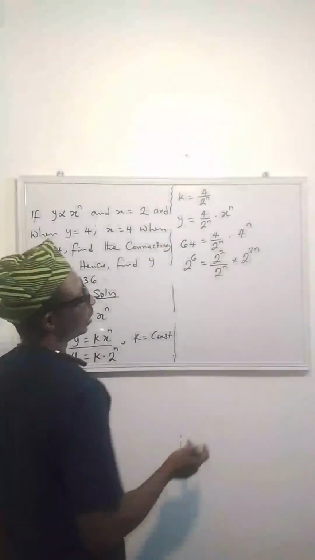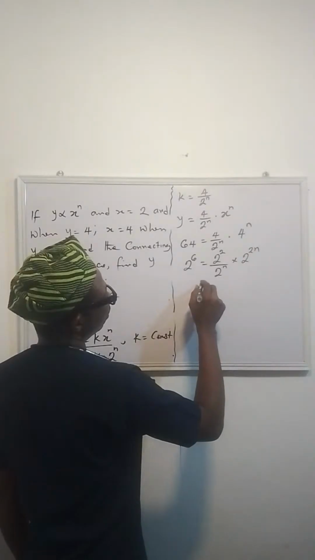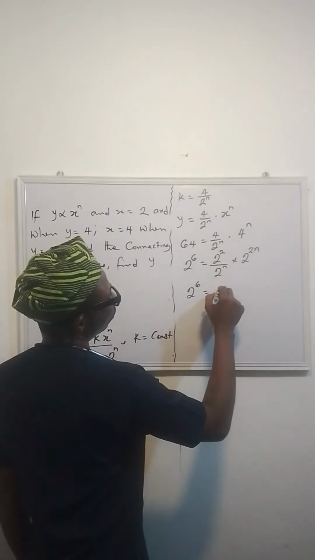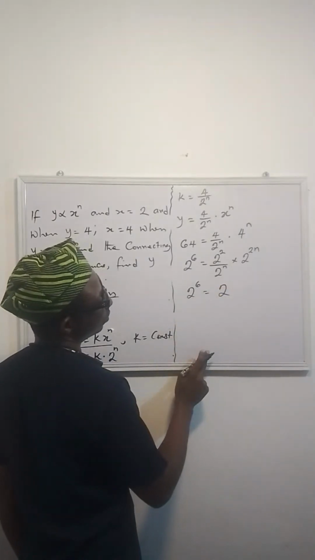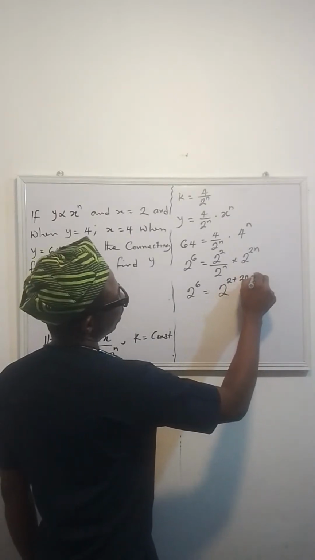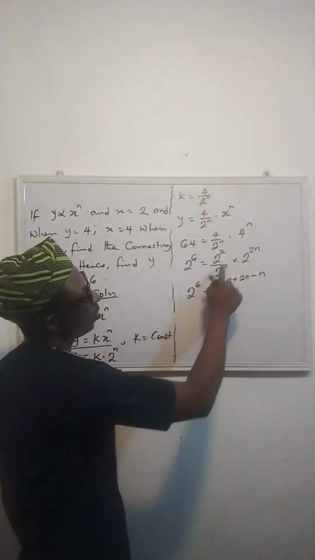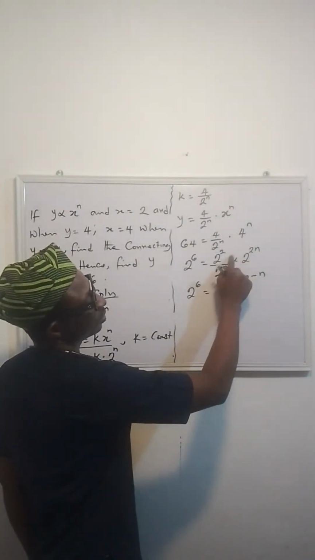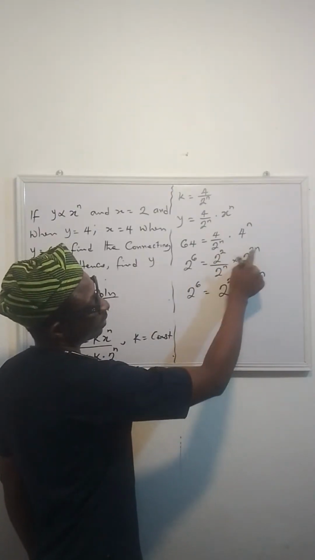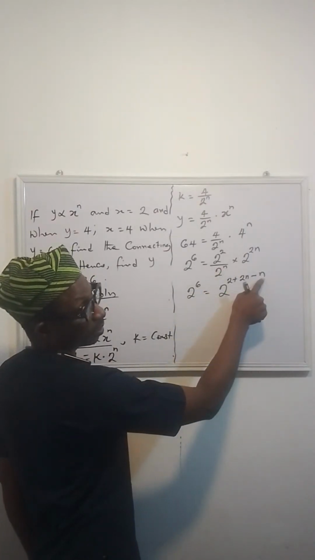Now this is 2 raised to the power of 6 equals 2 raised to the power of 2 plus 2n minus n. Hope you understand. So when multiplying in your law of indices, what do you do to the powers? You add the powers. So I'm adding this and this. And when dividing, you subtract. So I need to subtract the power here.